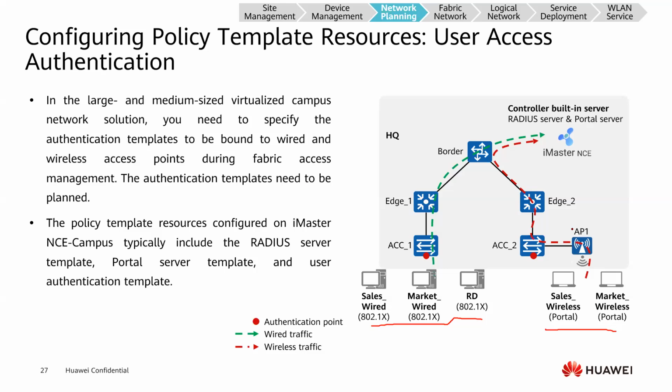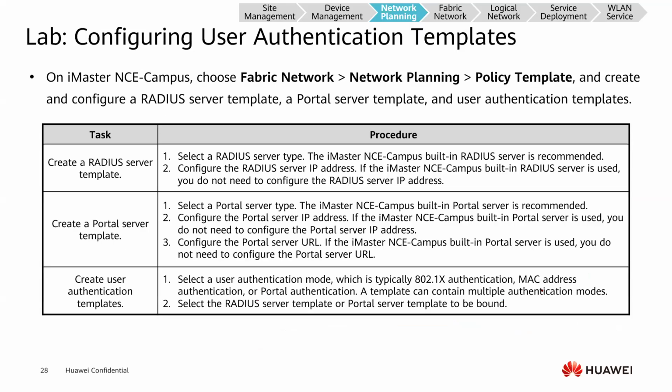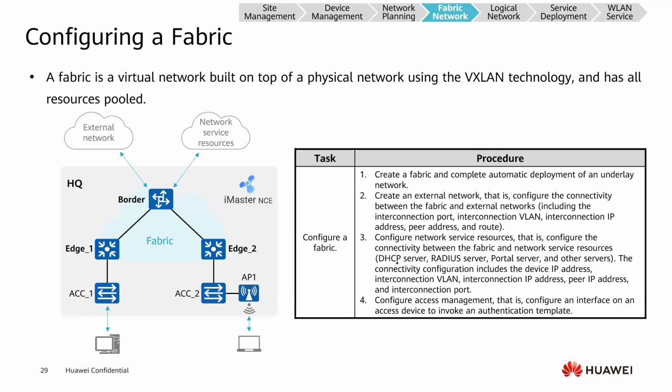So on the controller, you need to create the RADIUS server template, create the portal server template, and also create these two kinds of authentication template for the authentication process. And this is the process for how to create the template. We will not talk about the detail of it. We will show you how to create it in the next experiment.